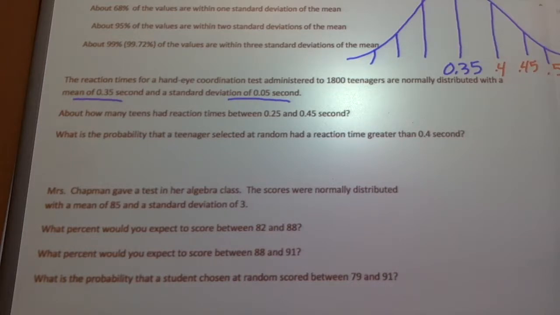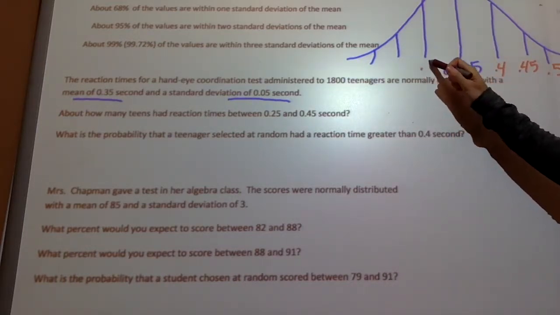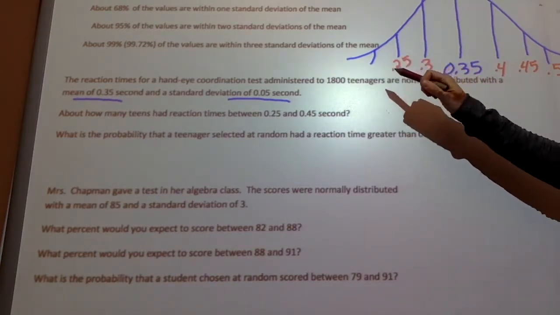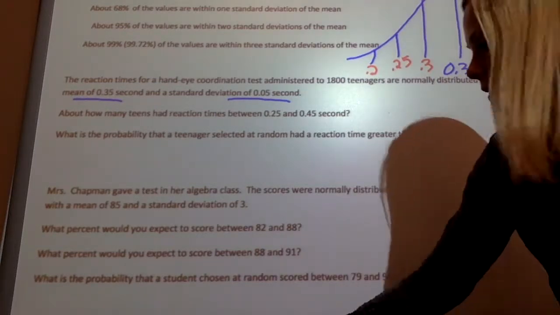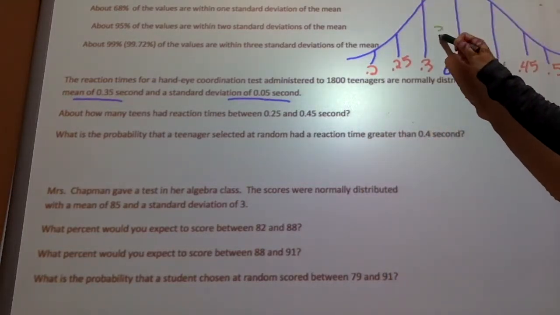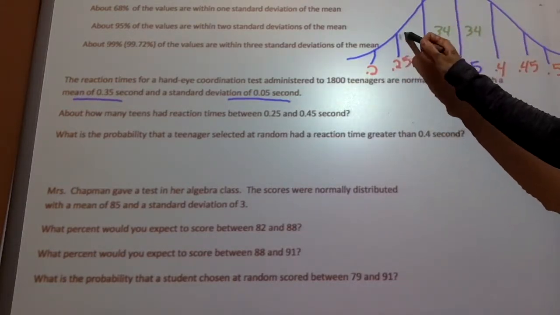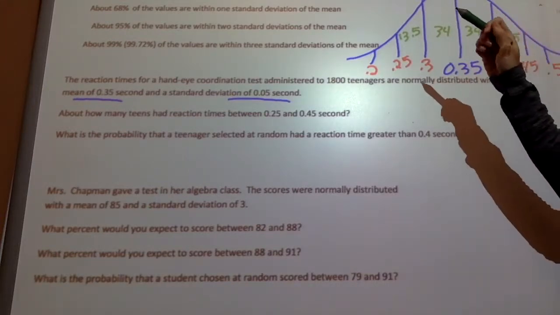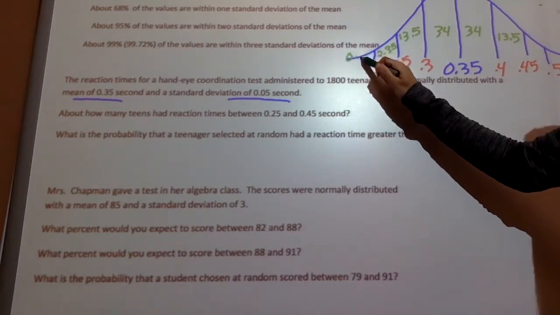And then you subtract 3 times. So 0.35 minus 0.05, 0.3, minus 0.05, minus 0.05, 0.2. Okay? And then I can fill in these percents. This is 34, 34. This is 13.5, 13.5. You should know it's symmetrical. 2.35, 0.15.